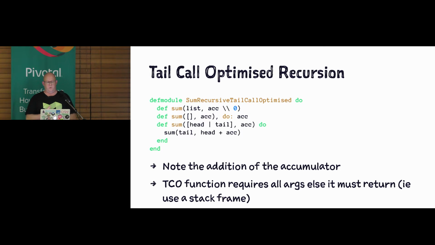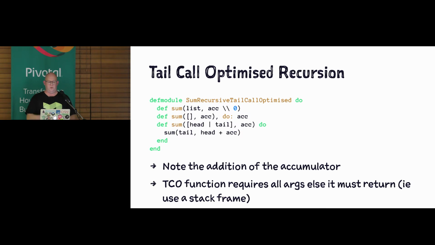So this is what the tail call optimized recursion version looks like. We've got a little convenience function header at the top. Does everyone know that if you've got multiple function heads, you can have an empty one to give you some default arguments? If anyone is wondering why that doesn't have a do after it, it's essentially setting up the template for default arguments.